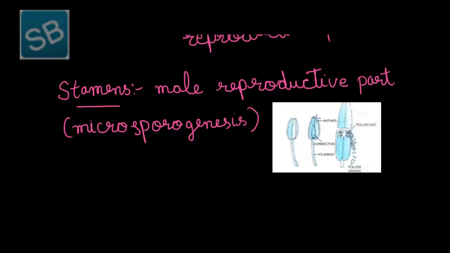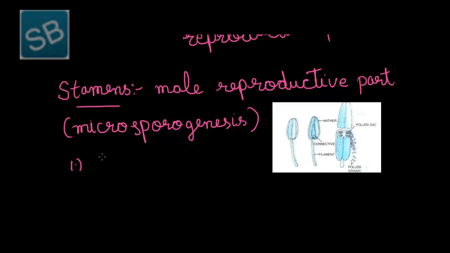The tip portion is known as the anther, which liberates the pollen grains, and the long slender portion is known as the filament. The portion which connects the anther and filament is known as the connective.